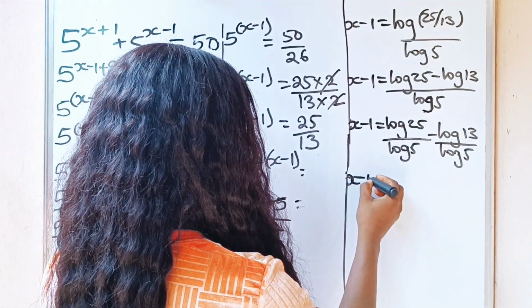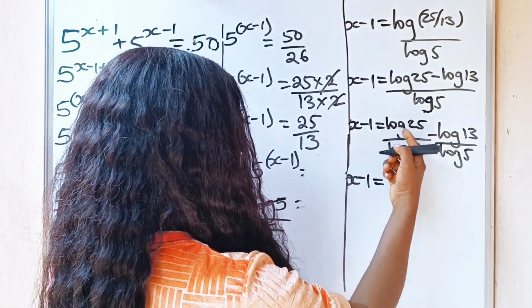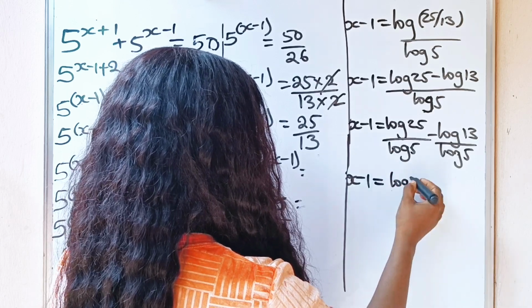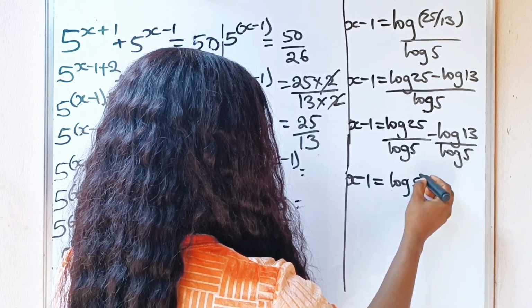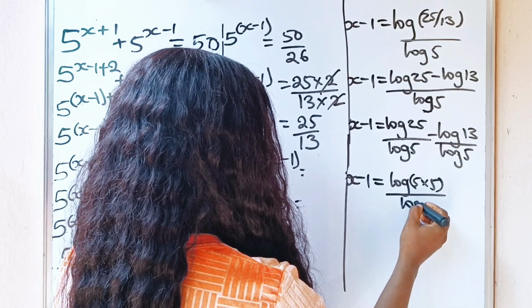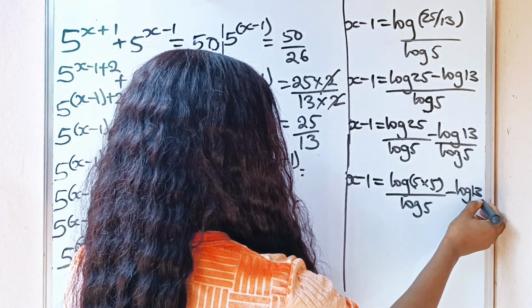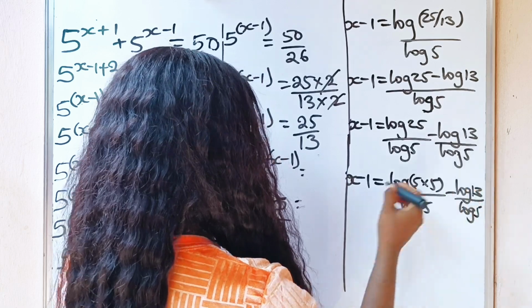Now x minus 1 is equal to log 25, which is the same thing as log 5 times 5, right? Divided by log 5 minus log 13 divided by log 5.